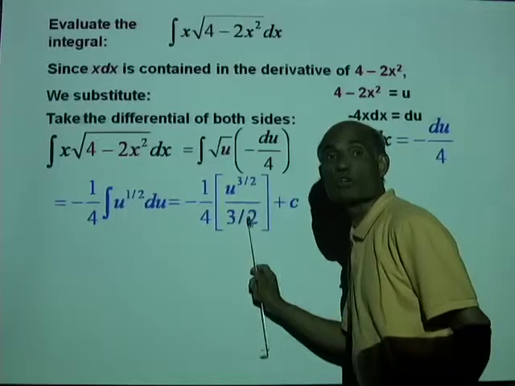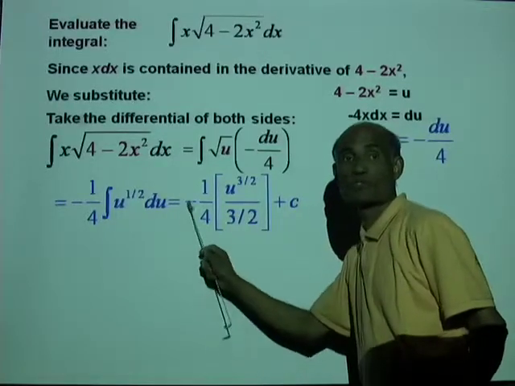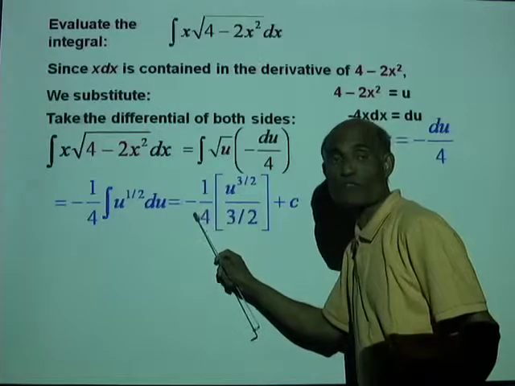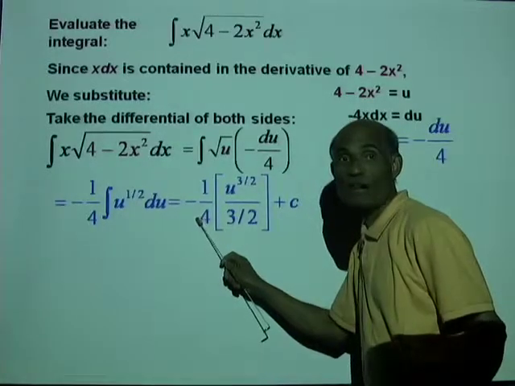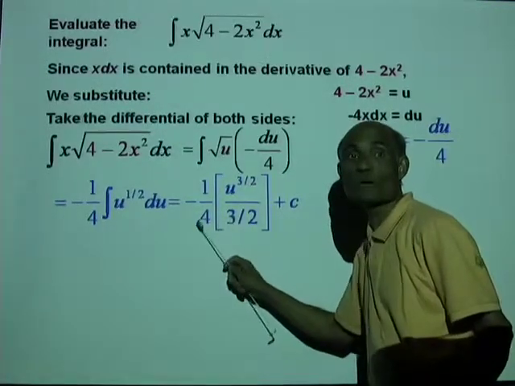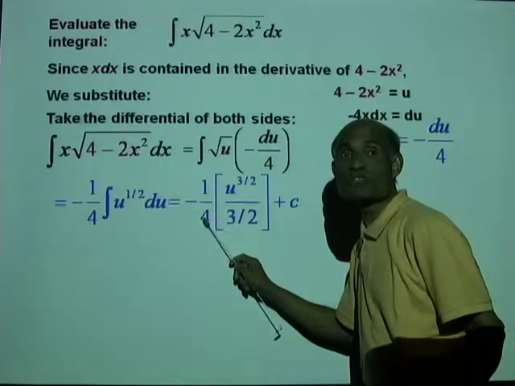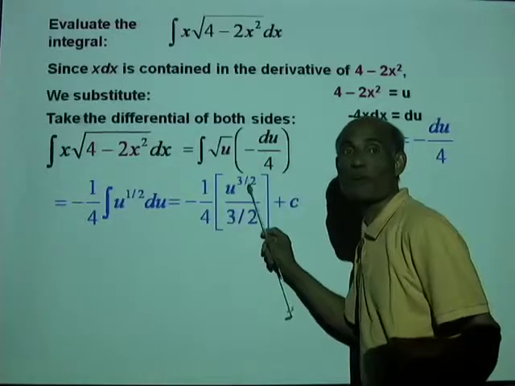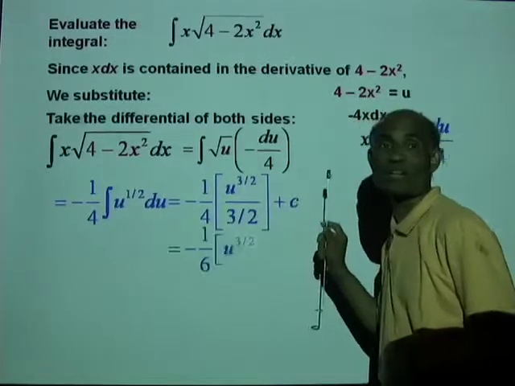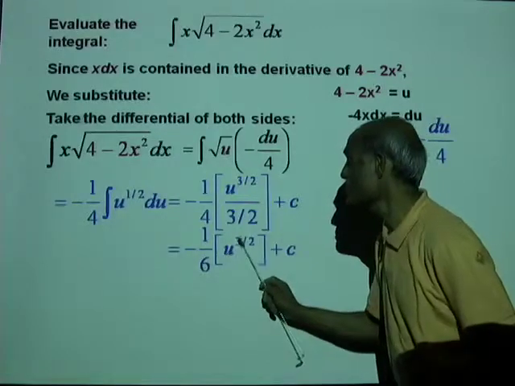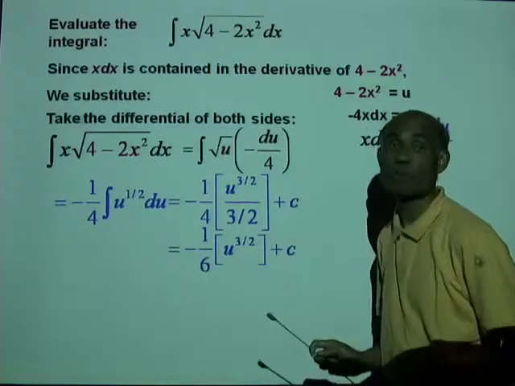This is 3 divided by 2. That 2 will go up. 2 cancels with the 4, leaving a 2 in the denominator. And 2 times 3 will become 6. So this will be negative 1/6 u to the power of 3 over 2 plus c. Is that right? Okay.